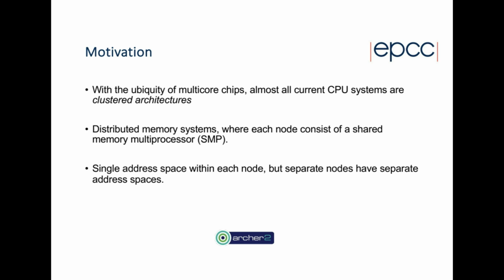You might have typically two chips, two sockets in a node these days. Seems to be the favorite number on current systems. But nevertheless, you've got a single address space within each node, but separate nodes have got separate address spaces.